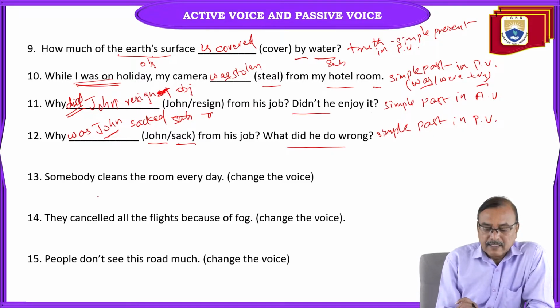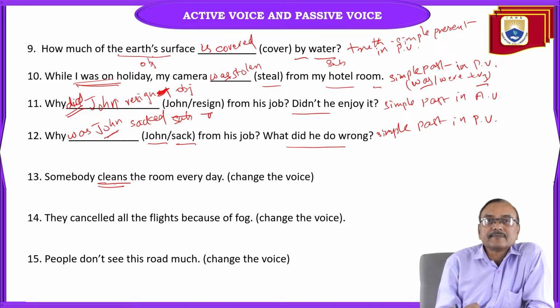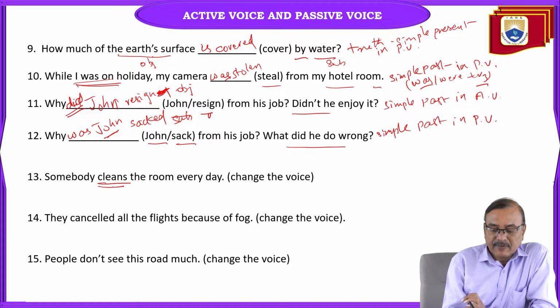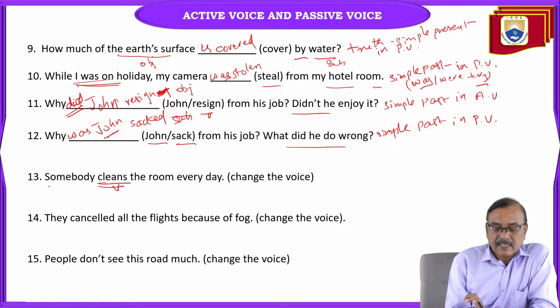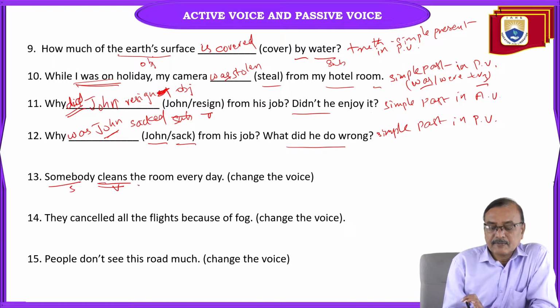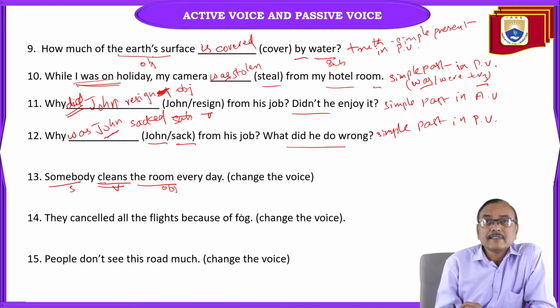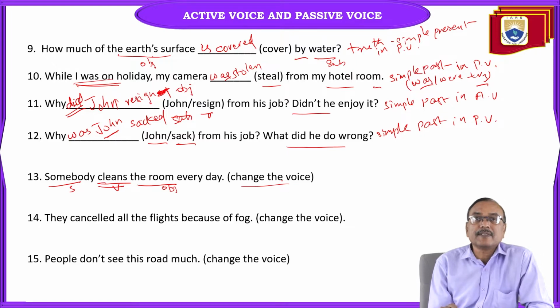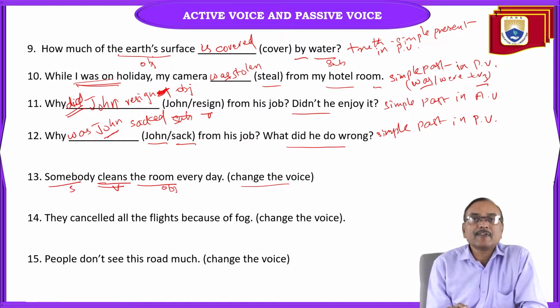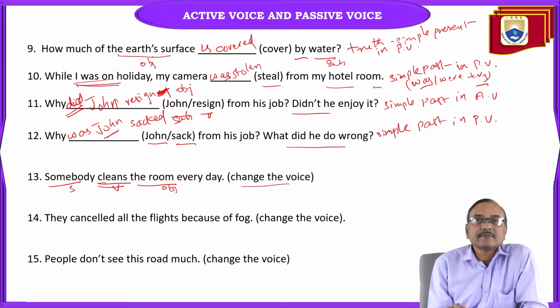Next. Somebody cleans the room every day. Cleans, present tense. Cleans is the verb here. Somebody is the subject and room is the object. Whenever you are asked to change the voice here, first you have to identify the verb. When you identify the verb, then identify the subject.